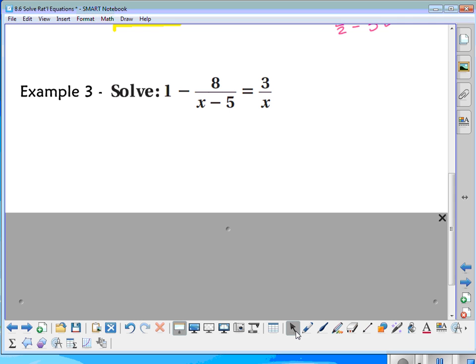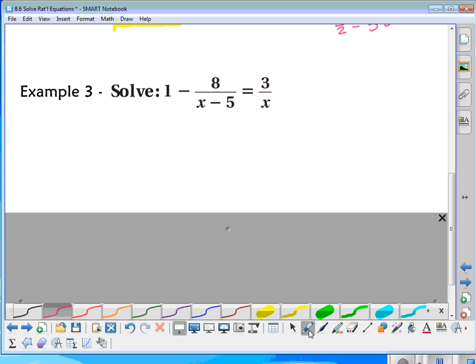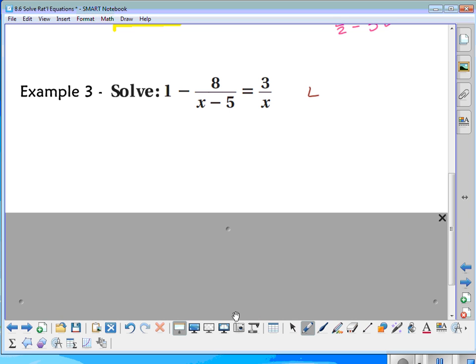Now I've got 1 minus 8 over x minus 5 equals 3 over x. So the lowest common denominator for this one is going to be x times x minus 5. Do you guys agree? Okay.